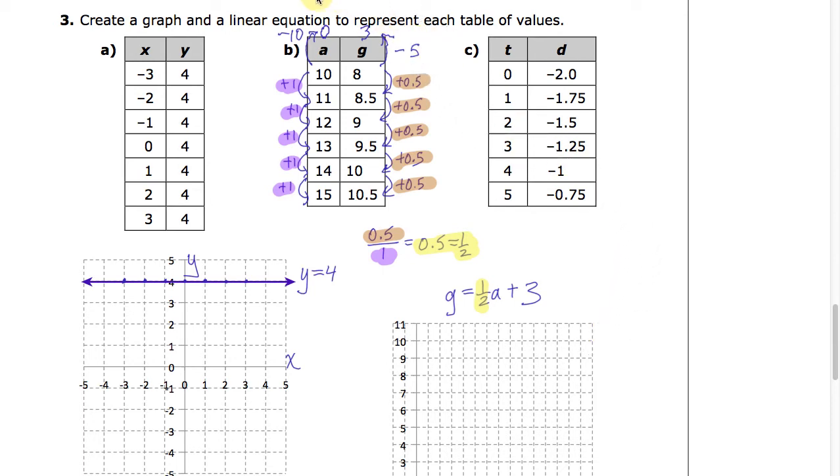And now there's one other piece here, which is the G value when A is 0. And that is 3, and that's how you come up with your plus something else here in this equation.